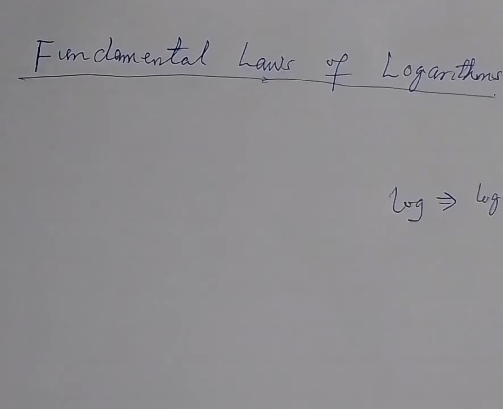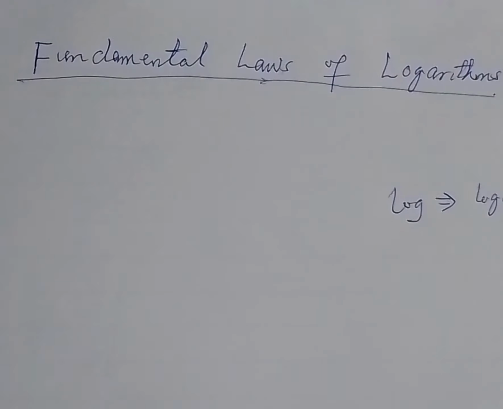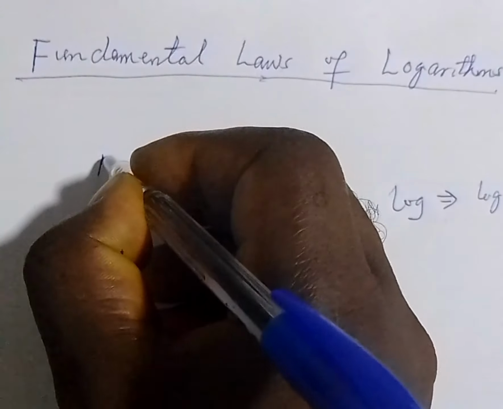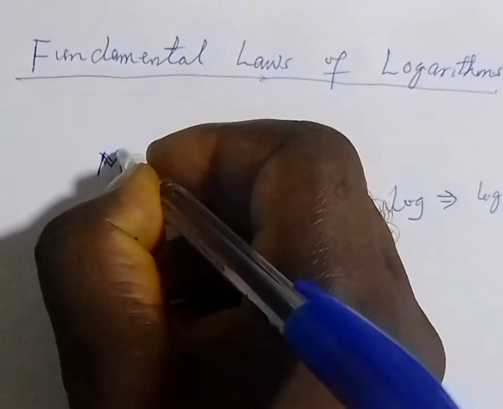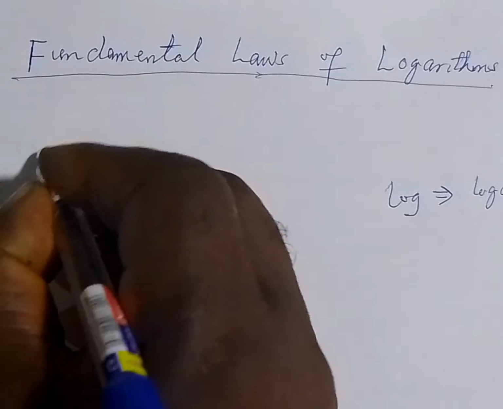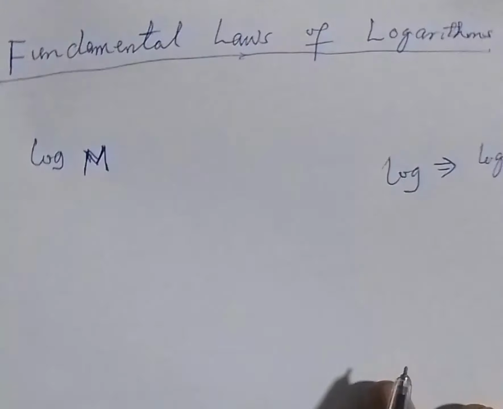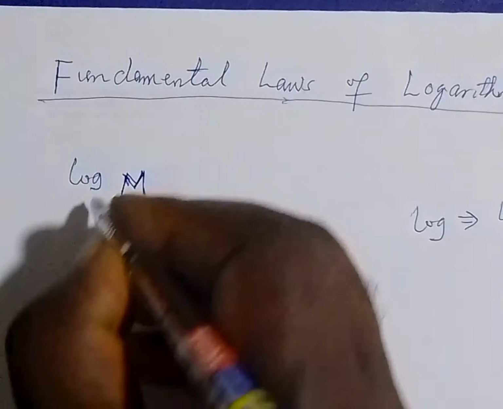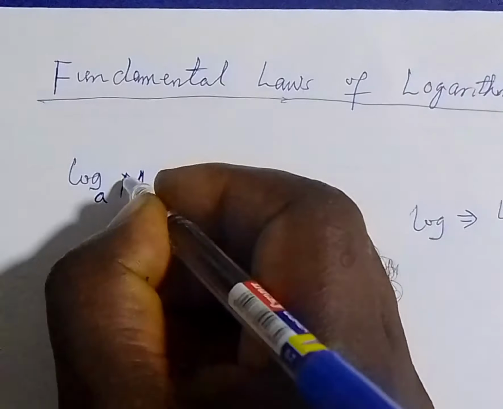So now, by definition, if you have a number m, let's say you have a number m, and then you take the logarithm of m to a certain base a.